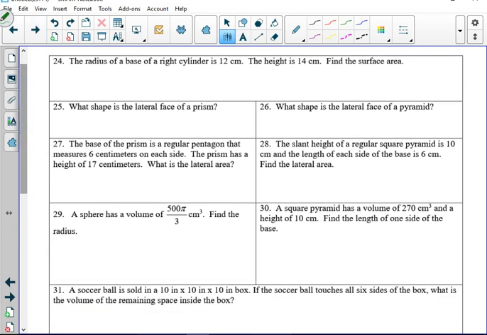The radius of the base of the right cylinder is 12. The height is 14. Find the surface area.